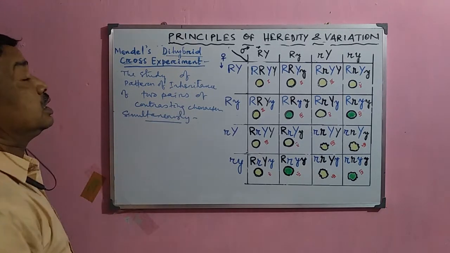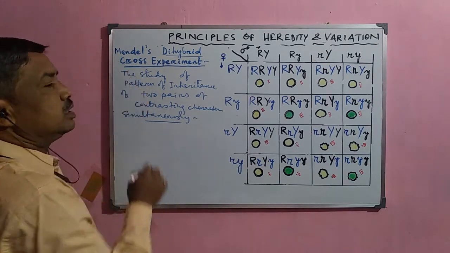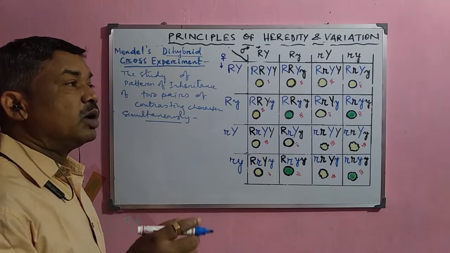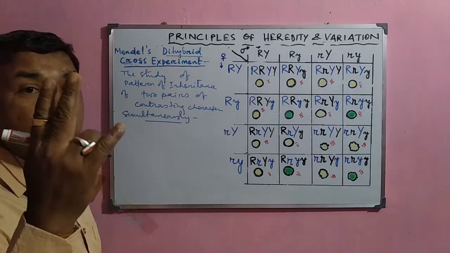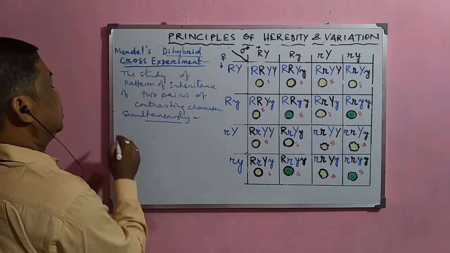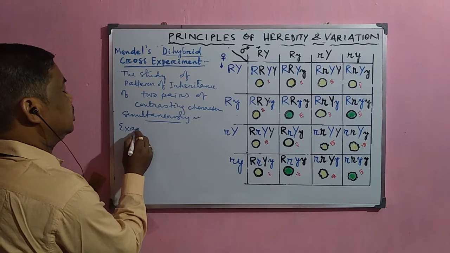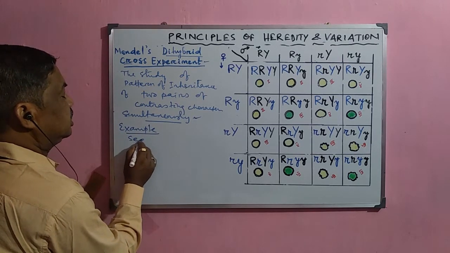Then it is called a dihybrid cross experiment. Mendel conducted this experiment by analyzing the transmission pattern of two pairs of contrasting characters simultaneously, or at a time. The most common example which he had taken is the seed character.